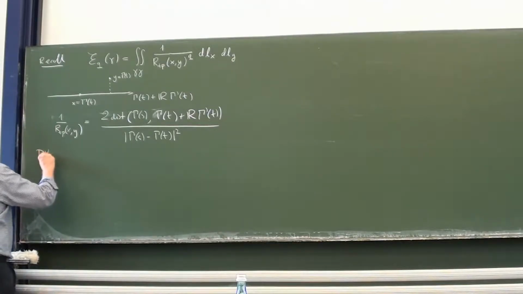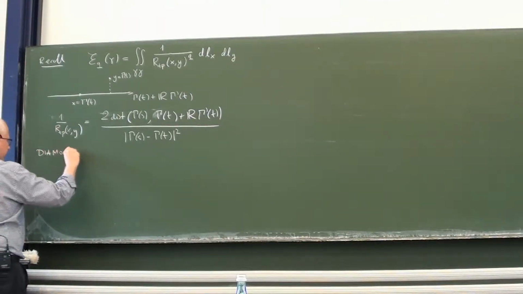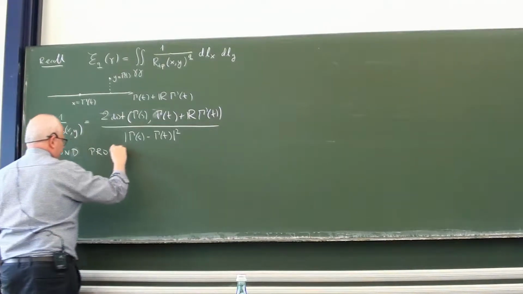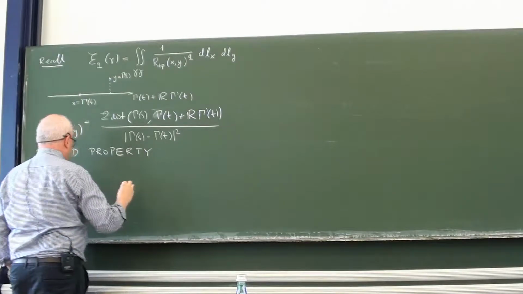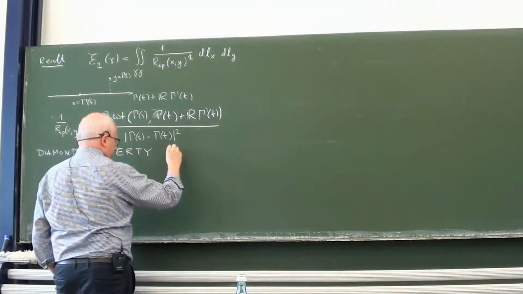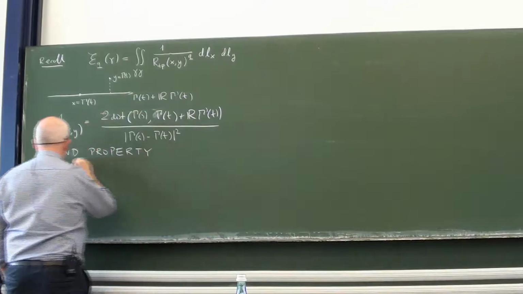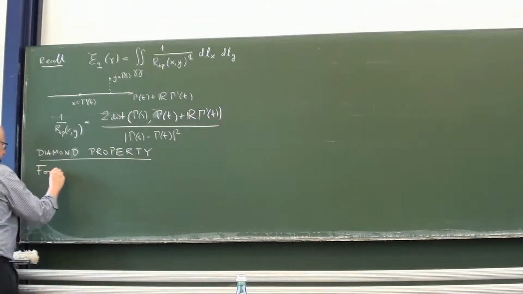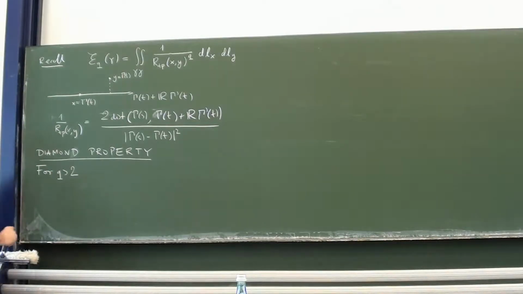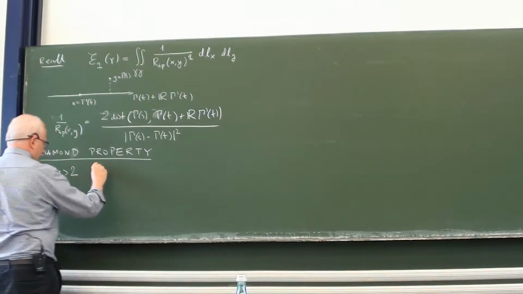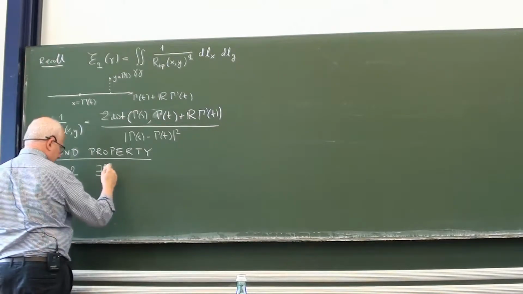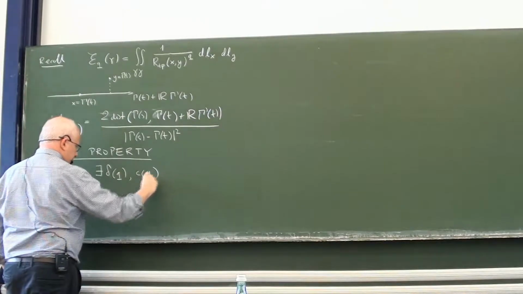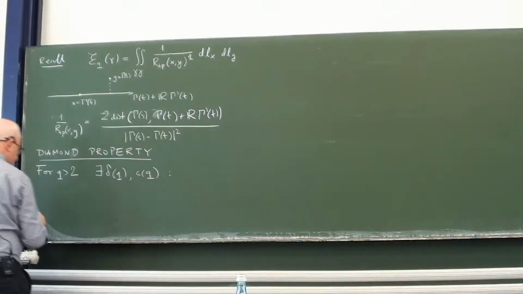And we finished with the following picture. We finished with the diamond property, something that I call the diamond property. This is the thing that I want to take as my starting point, and I will use it a few times. So if you take your exponent bigger than 2, then you will find constants, let me call them delta of q and c of q, and they have the following property.